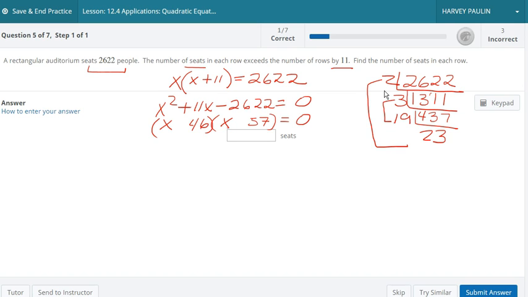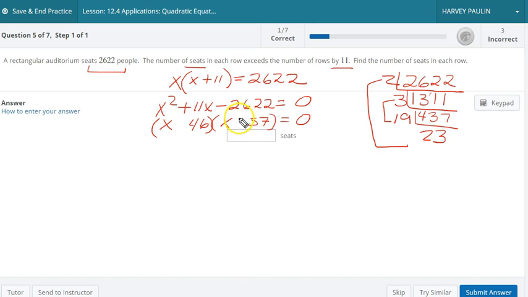And then finally 19 went into this 23 times. So 2 times 23 is 46, and 3 times 19 is 57. And again, that took me a long time, so I don't know how much time you have to do these, but maybe the quadratic formula would have been the better bet.